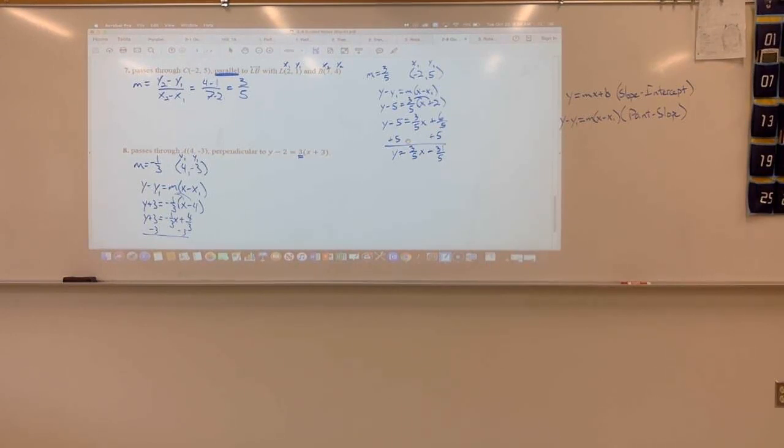So if you want the slope of this line is 3, that needs to be perpendicular.